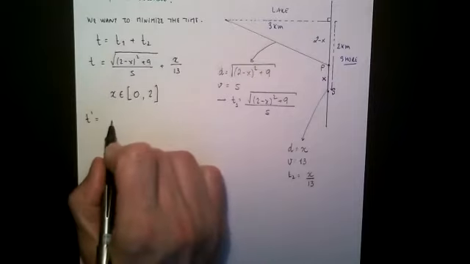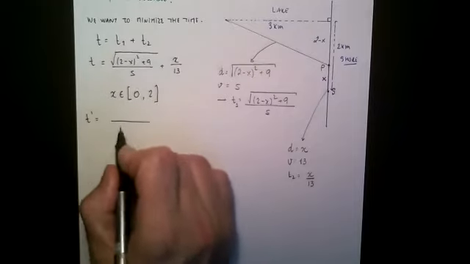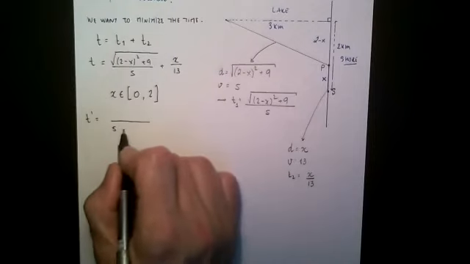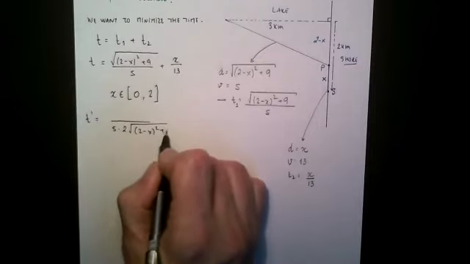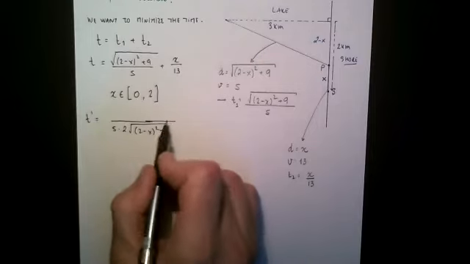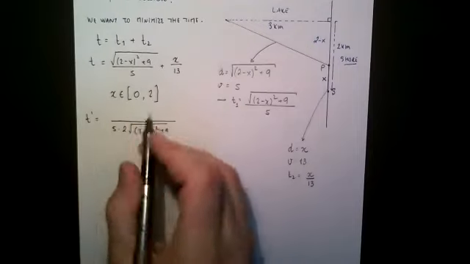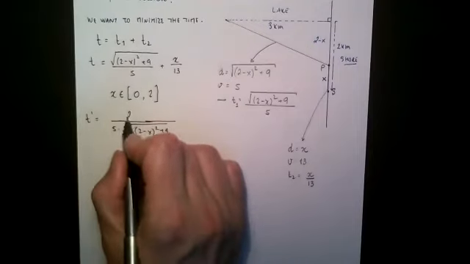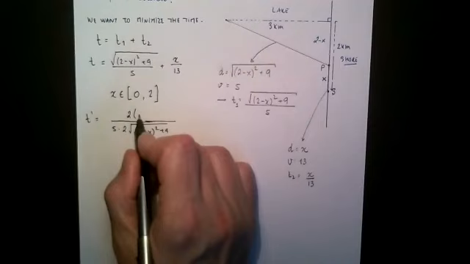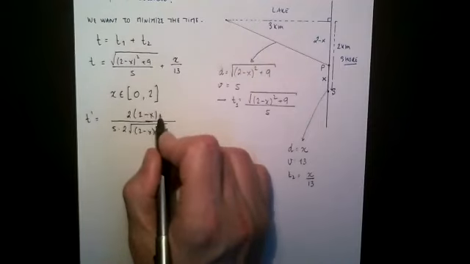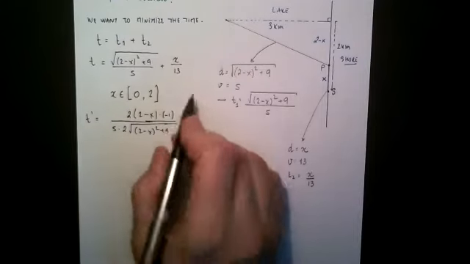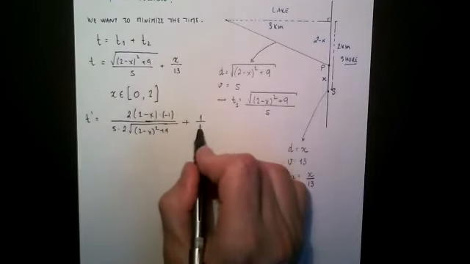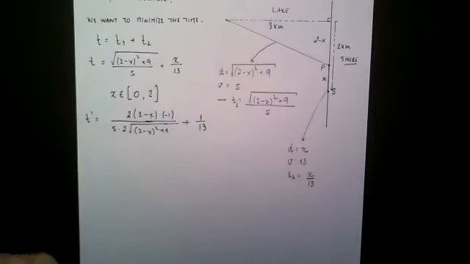The derivative of the square root is 1 over 2 times, so 5 times 2 times the square root of (2 minus x) squared plus 9, times the derivative of the inside, which is 2 times (2 minus x) times minus 1, plus the derivative of x over 13, which is 1 over 13. This is the derivative, and this has to equal 0.